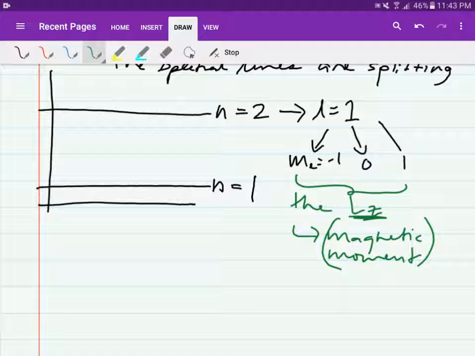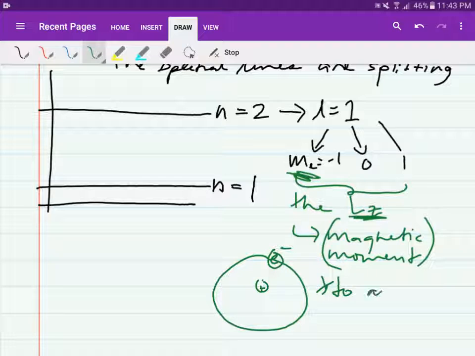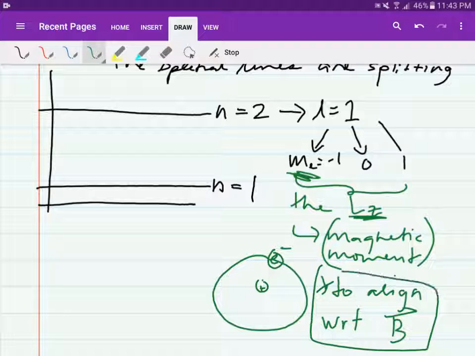When the electron orbits the proton in a certain manner with respect to the z component, so this is our electron, it will tend to align with respect to the external magnetic field B. When that electron aligns or doesn't align, its potential energy will be different.